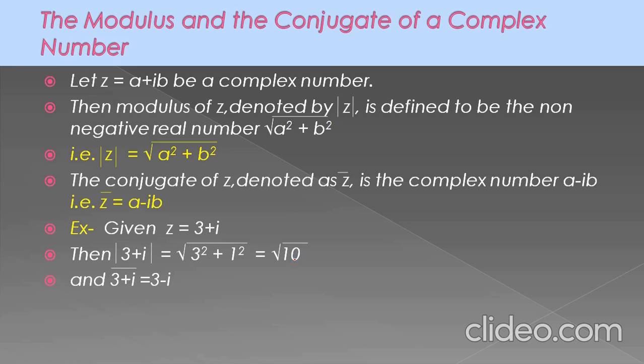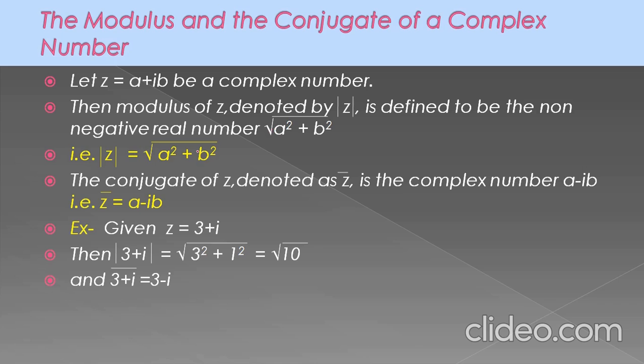So this is how we can find out the value of a and b. Now next is the modulus and the conjugate of a complex number. What is the modulus? Let z equal to a plus iota b be a complex number. Then the modulus of z, denoted by mod z, is defined to be the non-negative real number square root of a square plus b square, that is, the square of the real part plus the square of the imaginary part, and the square root of the whole.